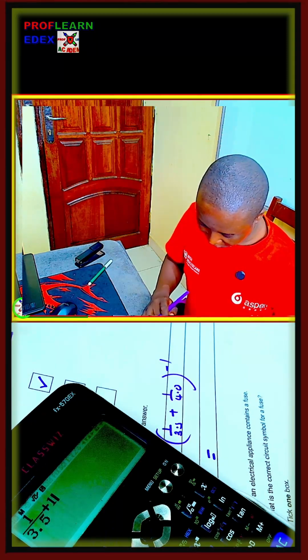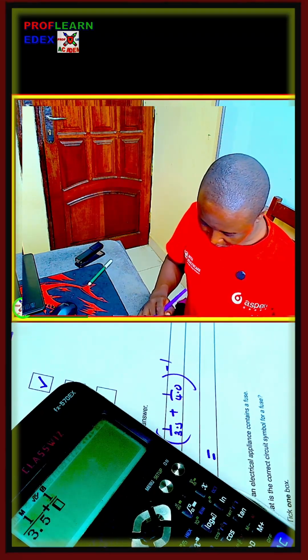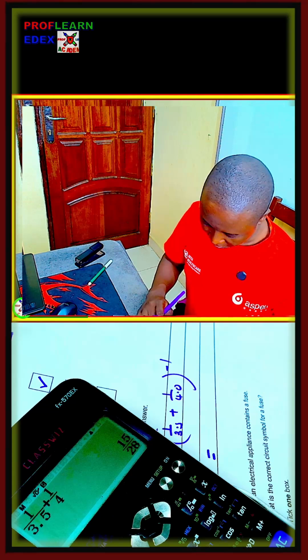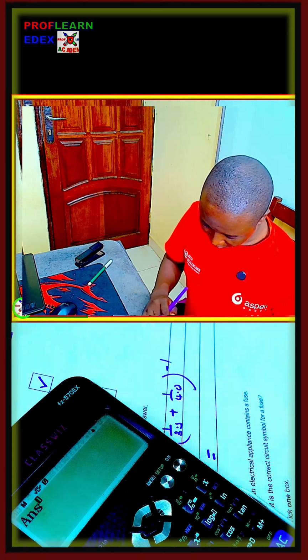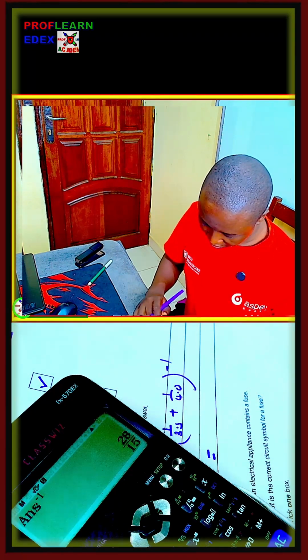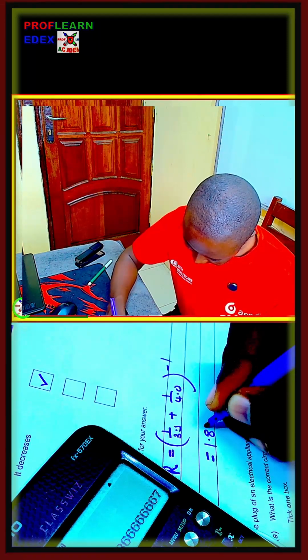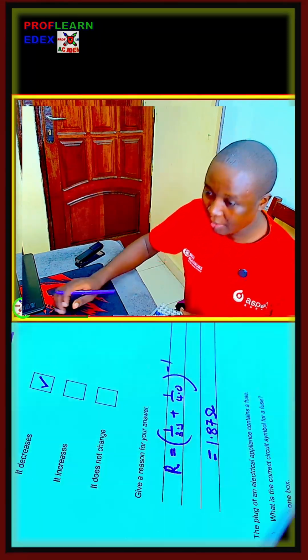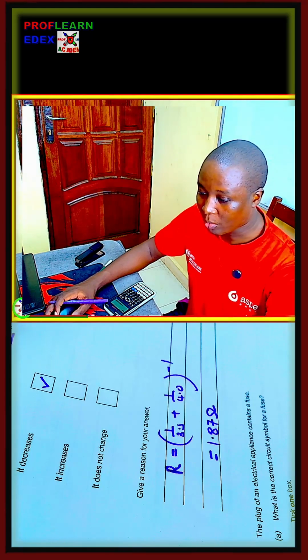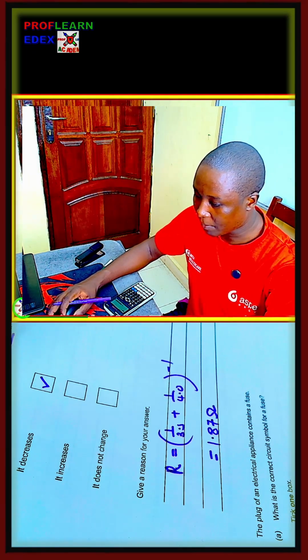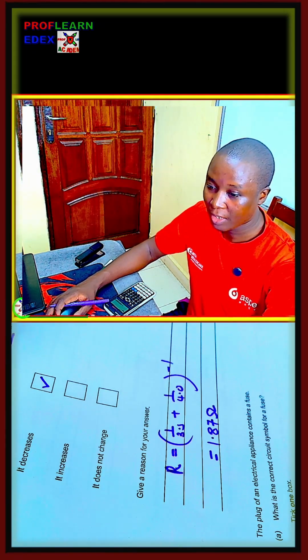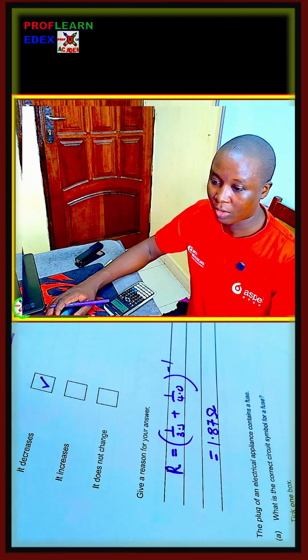Let's first find the answer of the total resistance, and then this is the answer to the power of negative 1. This is going to be 1.87 ohms. You see, this is the value of the resistance that we're going to have in this particular part.